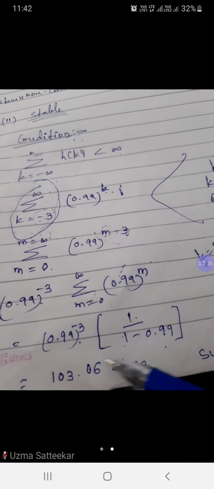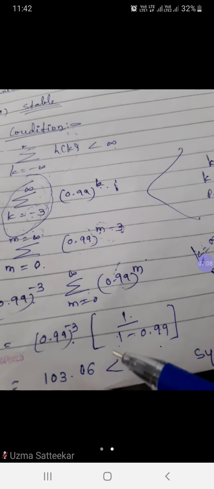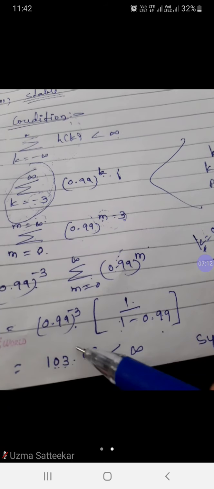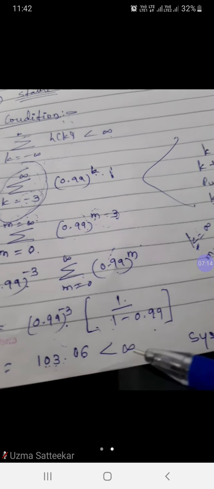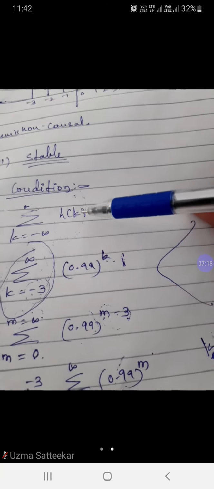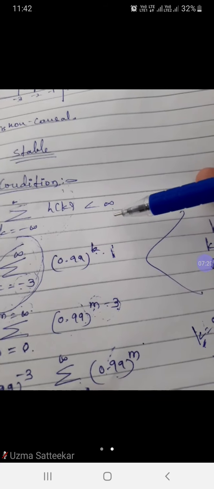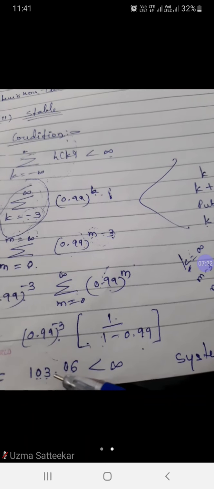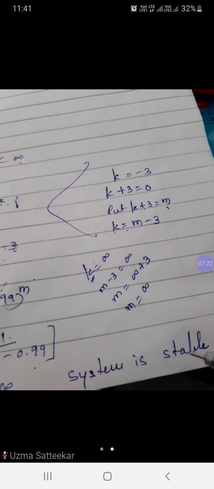If you calculate this using your calculator, you will get the answer 103.06. You will get a limited value which is less than infinity. The condition for stability is that the value you get should be less than infinity. You are getting that value as 103, a bounded value. Hence the system is stable.